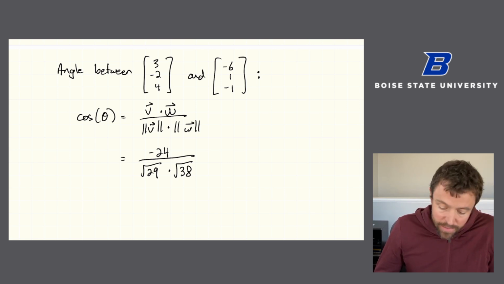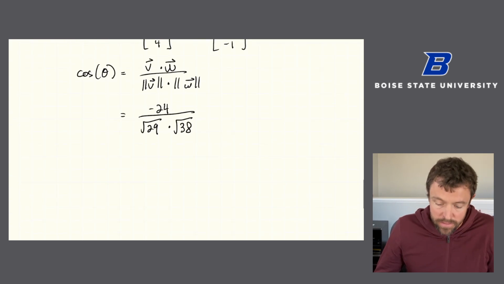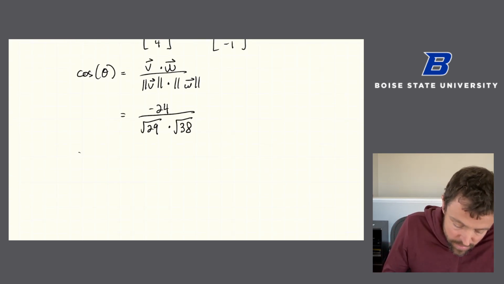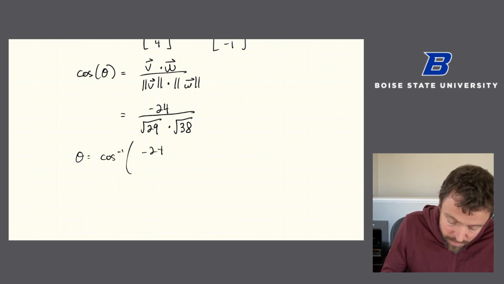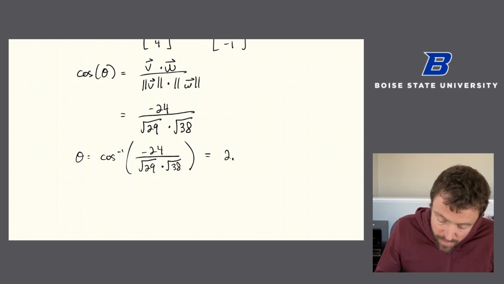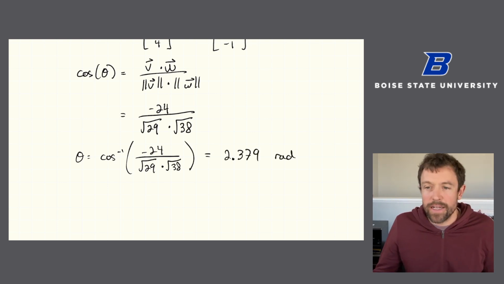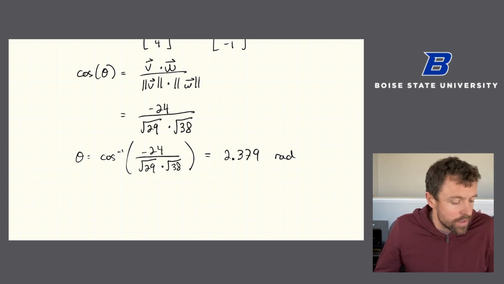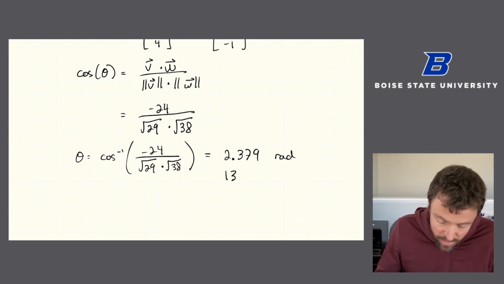And when we take the inverse cosine of this, we get 2.379 radians. Radians are technically unitless, but just to be clear, which is the same as 136.3 degrees.